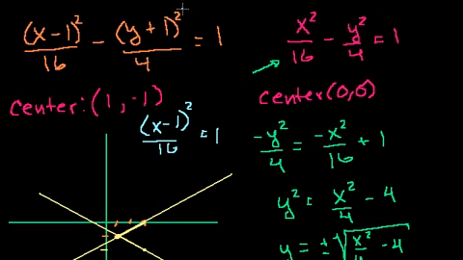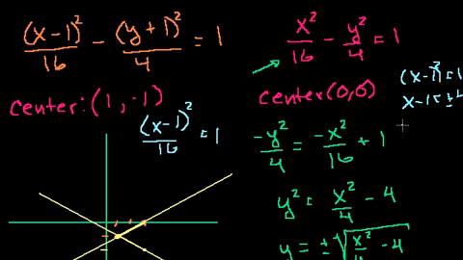I just canceled out this term because I'm saying what happens when y is equal to negative 1. You multiply both sides by 16: x minus 1 squared is equal to 16. Take the square root of both sides. x minus 1 is equal to positive or negative 4.